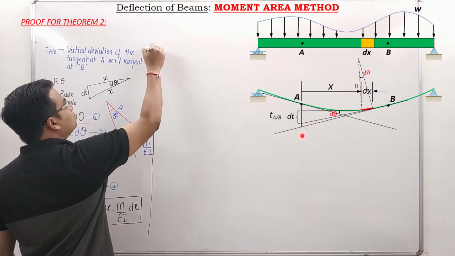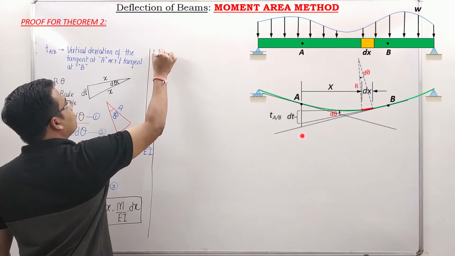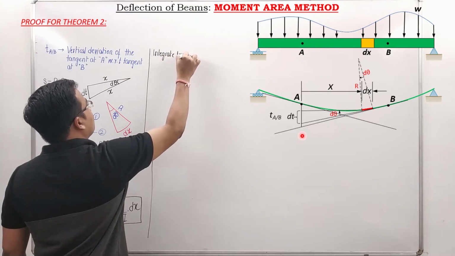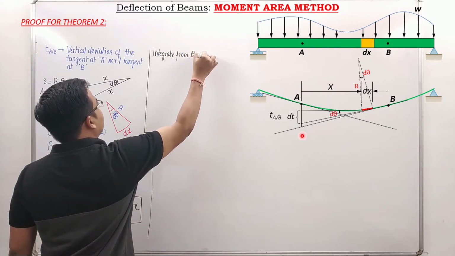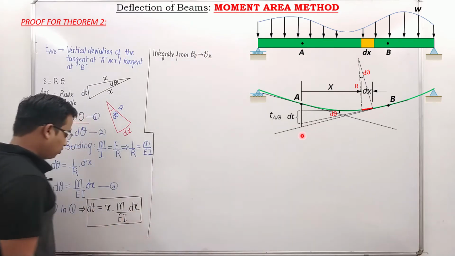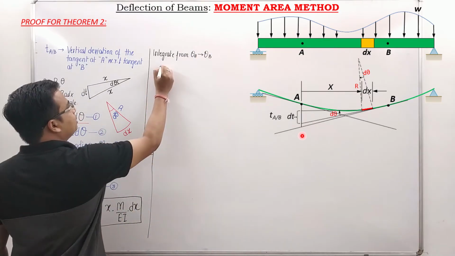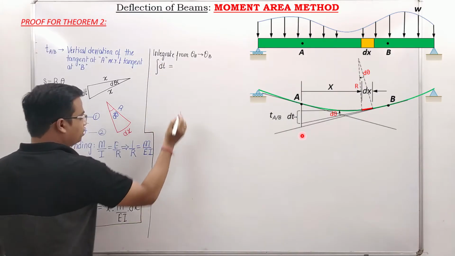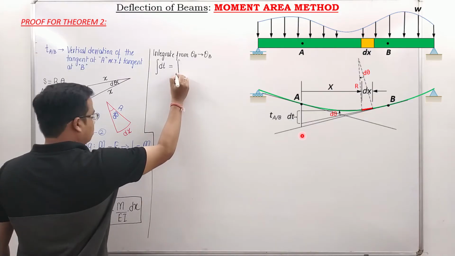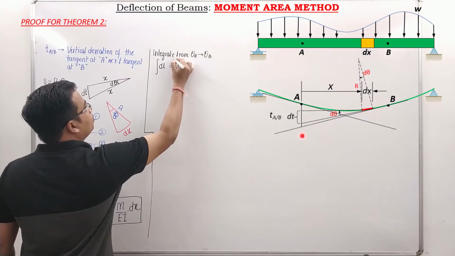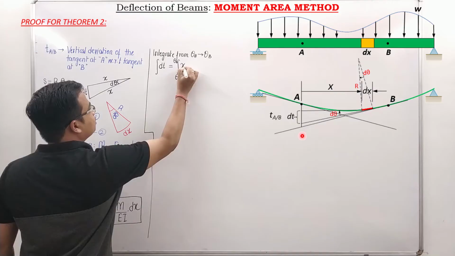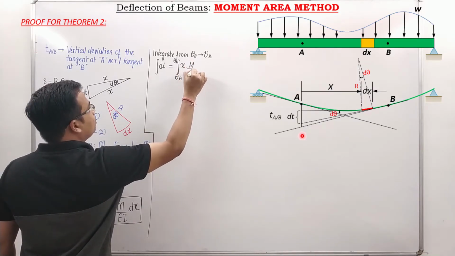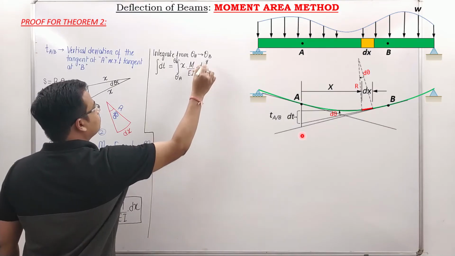So we'll integrate from theta A to theta B. Integrating this dt is going to be equal to the integral from theta A to theta B of x times M over EI dx.